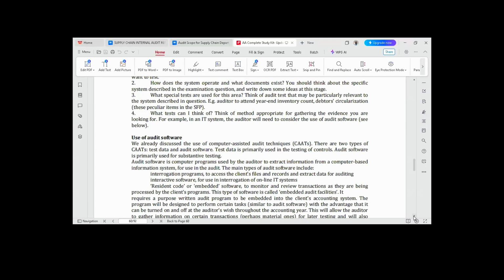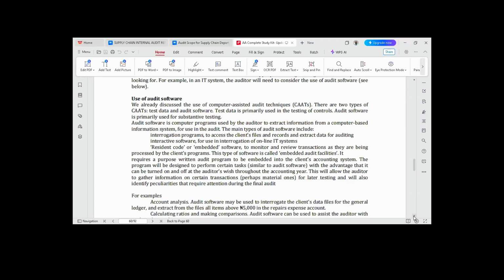Because they have configured the audit software in such a way that it records all transactions online, in real time, as they are being processed in the server. So it's very fast. I hope it's clear.